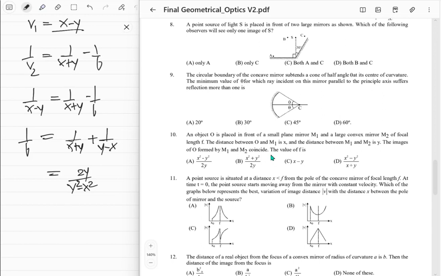Oh, come on. Why is this X squared minus Y? That doesn't make any sense. Minus, that's like plus Y minus X over there. It should be 2Y upon Y squared minus X squared, but that's not there.